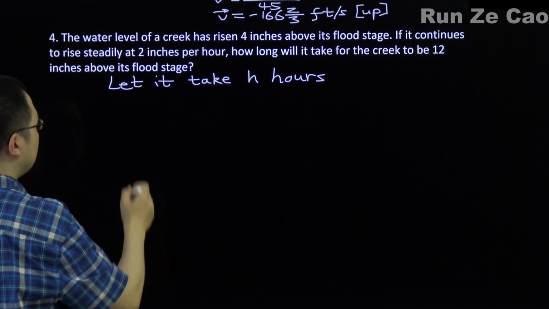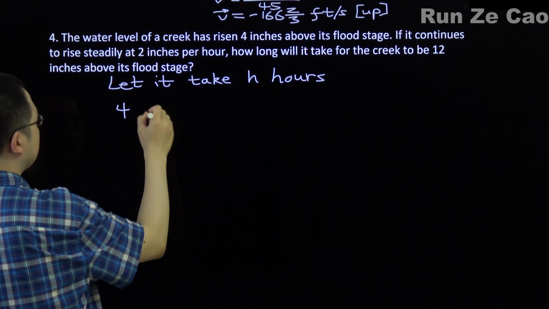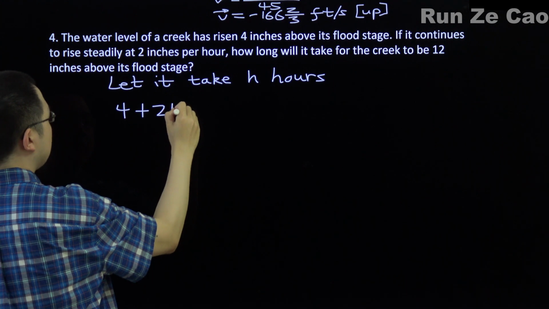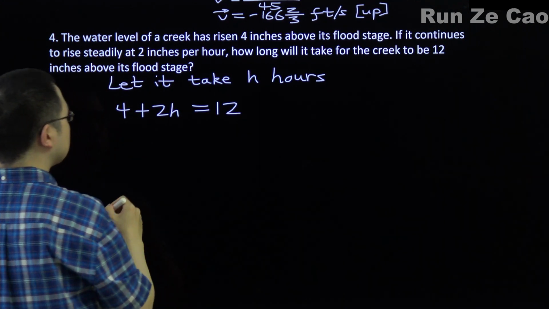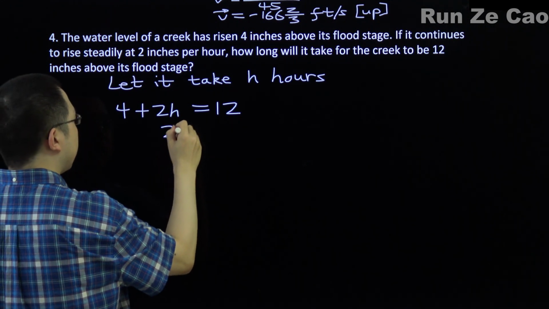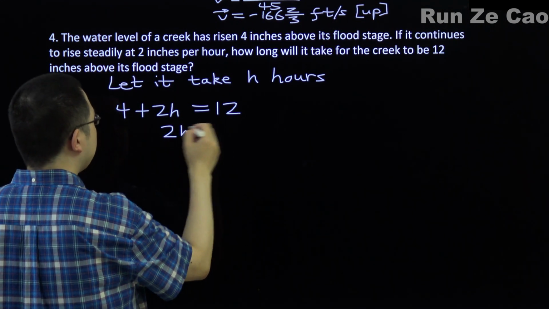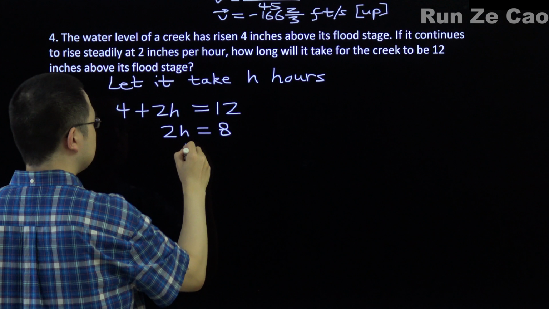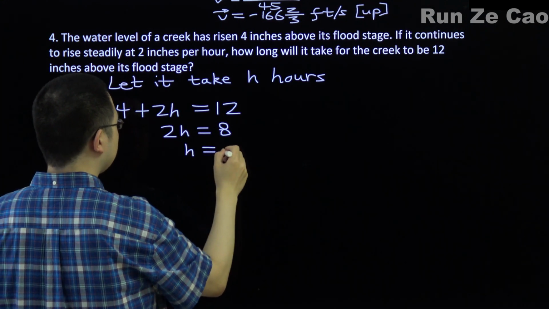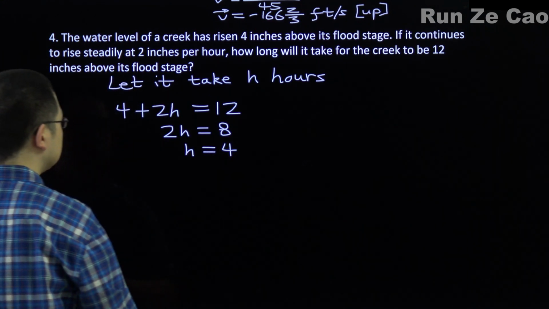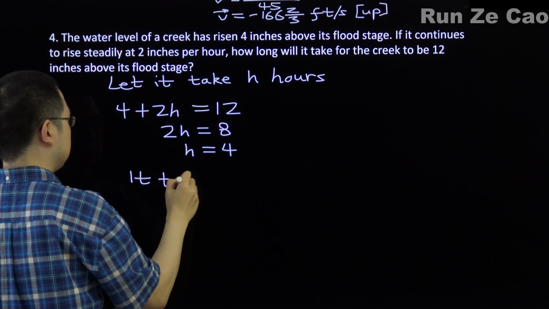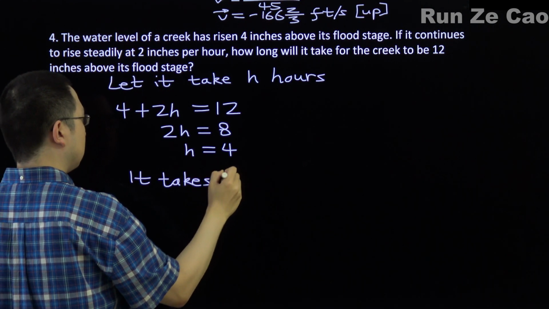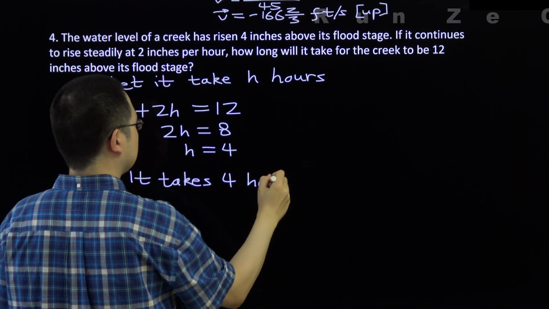So in other words, right now we're at 4 inches above the flood stage, plus 2 times the number of hours it'll take to reach 12 inches. 2h is equal to 12 minus 4, which is 8. h is equal to 8 divided by 2, which is 4. So it takes 4 hours.